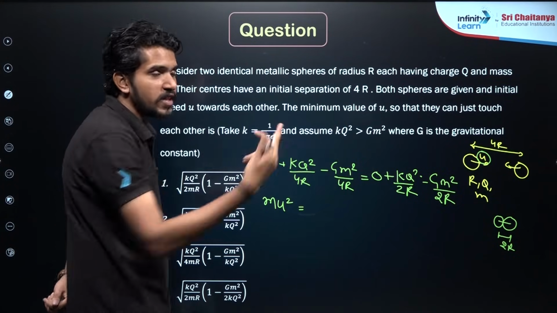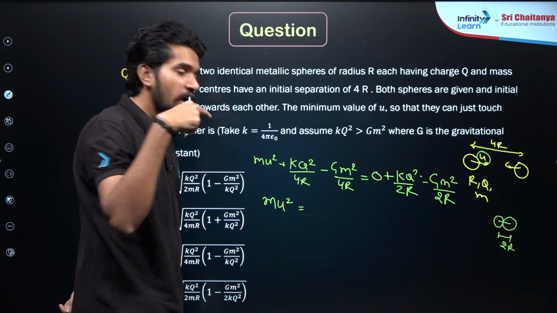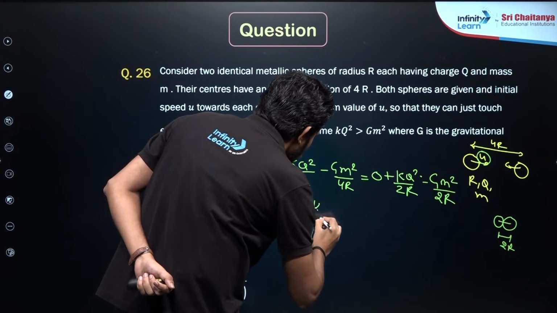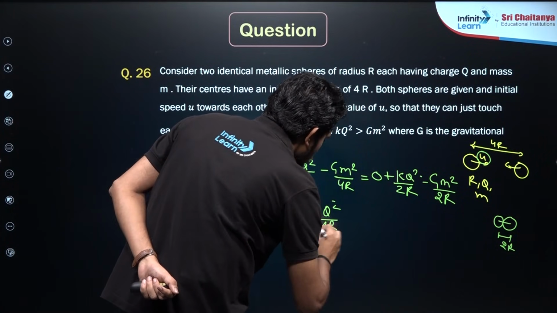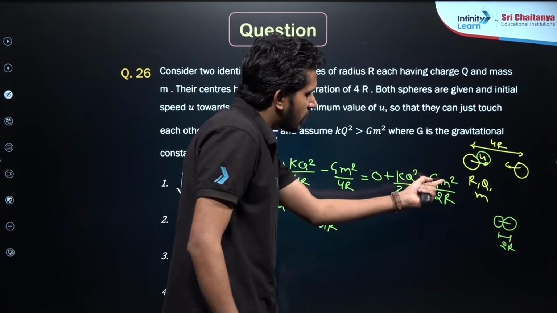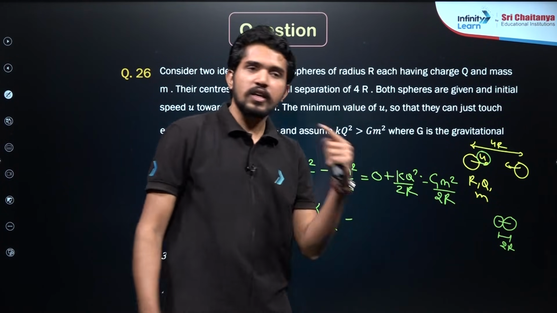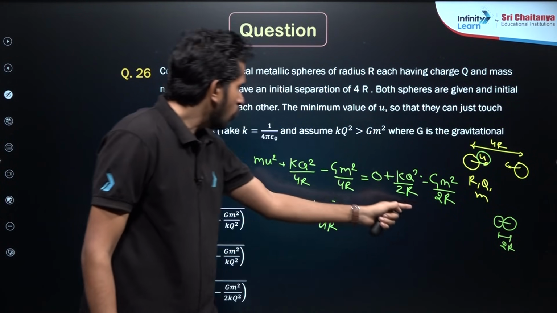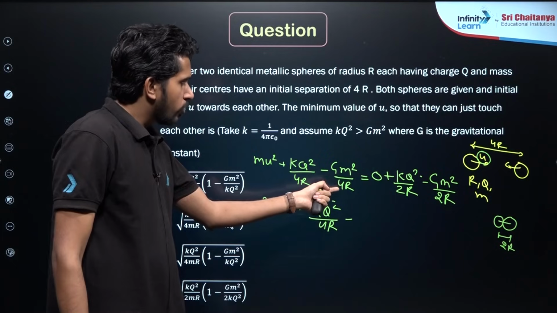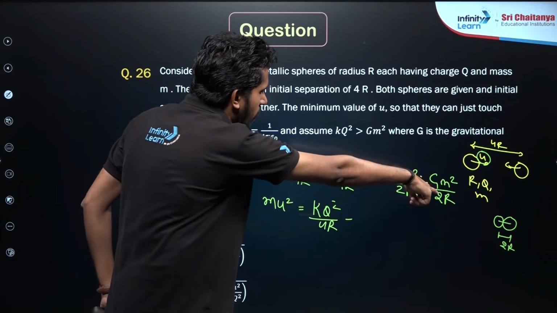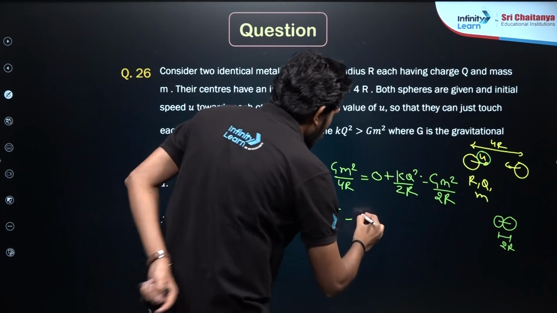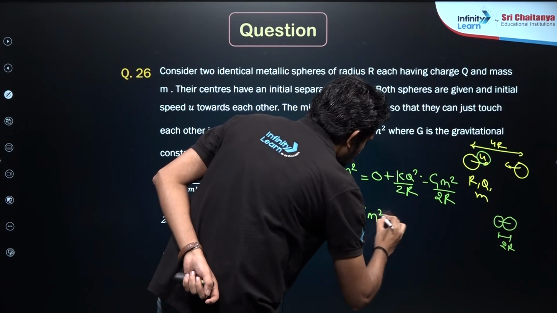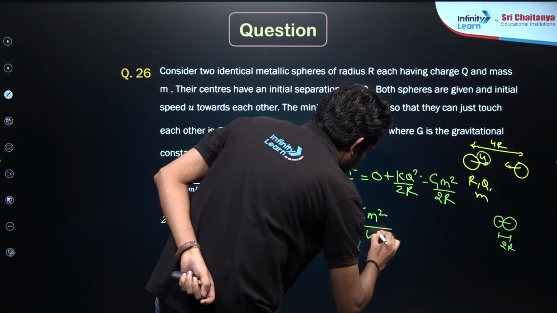X by 2 minus x by 4 will be x by 4, so kq square by 4r. Similarly, let's say Gm square by r is y. So y by 2 and y by 4. So minus y by 2 plus y by 4 is minus y by 4, minus Gm square by 4r.